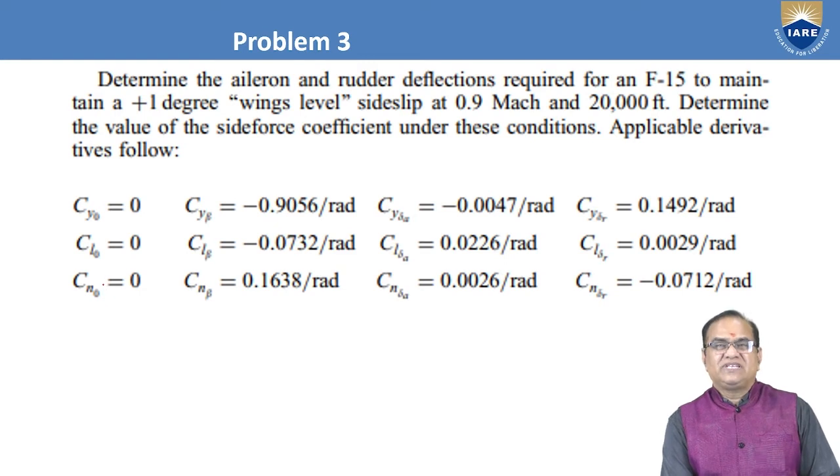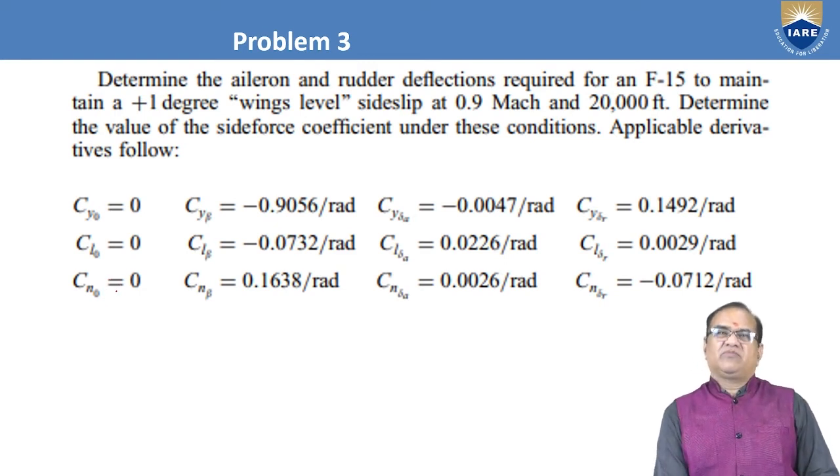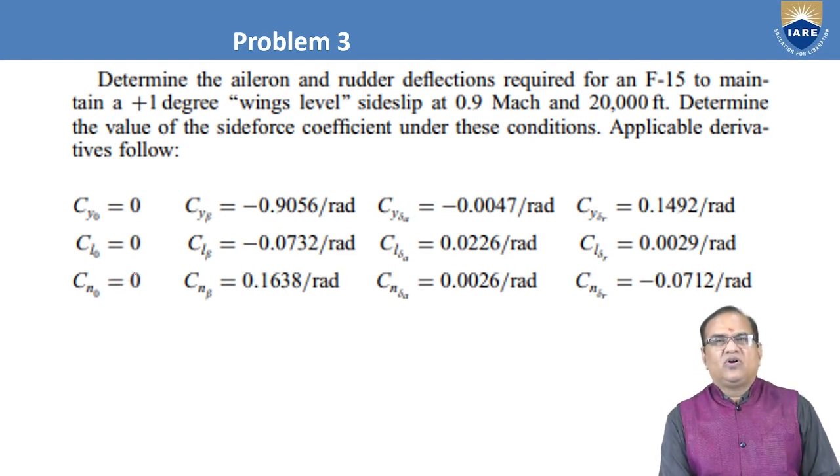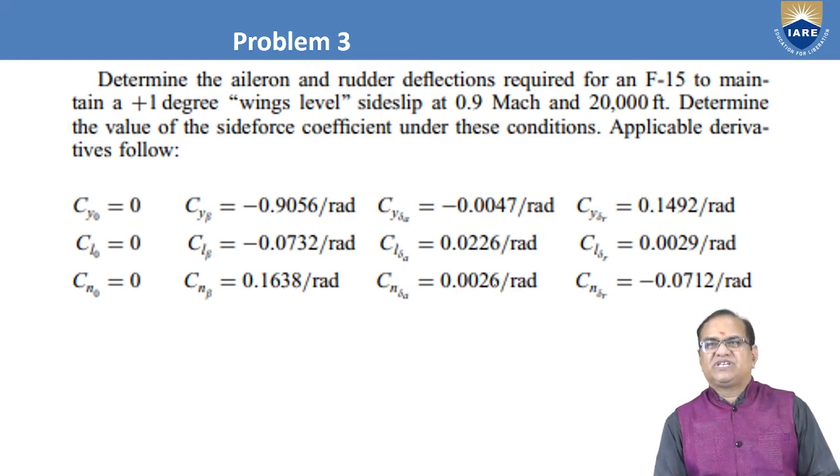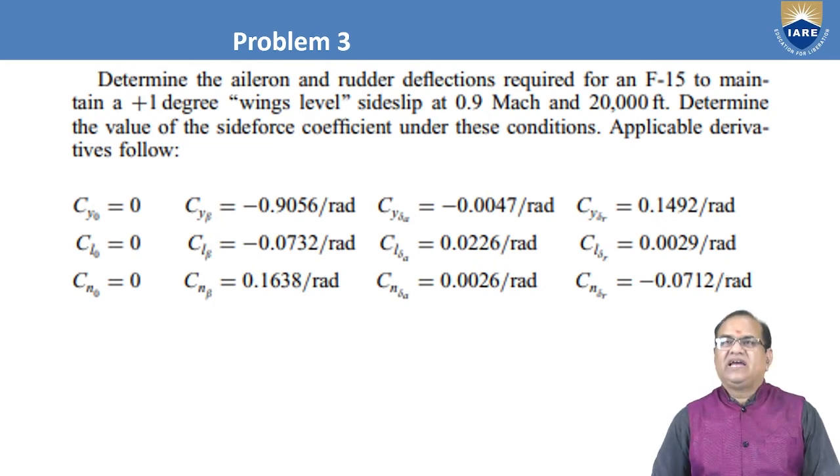If you see about Cn naught, this is the yawing moment at 0 angle of attack or at 0 lift. Cn beta is equal to 0.1638. Cn delta A is 0.0026 per radian. Cn delta R is equal to minus 0.0712 per radian. These are the given quantities.